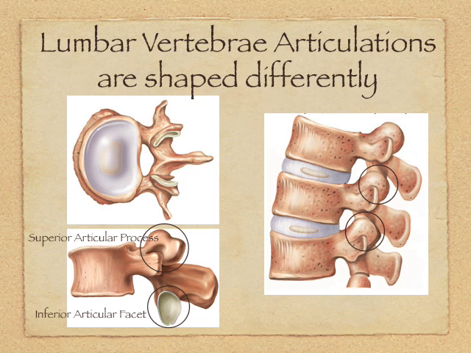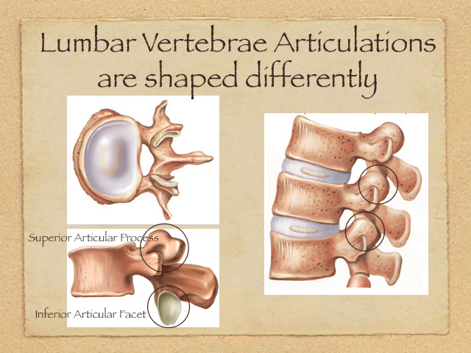So again, a superior articular process sticks up and the inferior one sticks down, and they do that to meet the vertebra above and below them. And as you see in the picture, they are again immediately behind the intervertebral foramen.